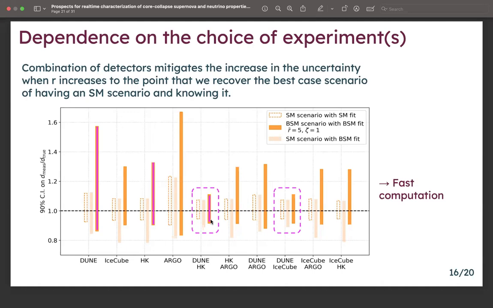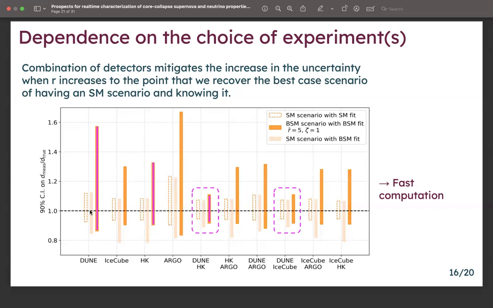So dark orange, again, means BSM scenario and BSM fit. On the complete opposite side, if we knew the standard model was true and we were doing a standard model fit, we would have the dashed orange rectangles. And in the middle, we have a standard model scenario where we don't know that it is a standard model scenario, and we do a BSM fit, leaving the possibility of R and zeta to be free, which is this light orange.